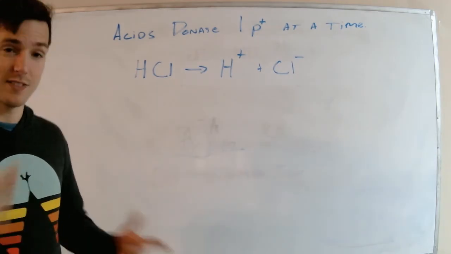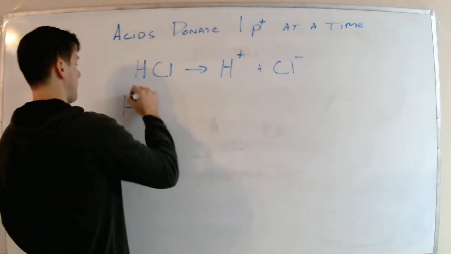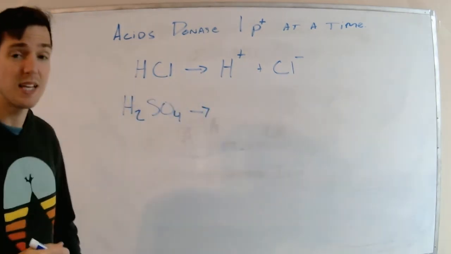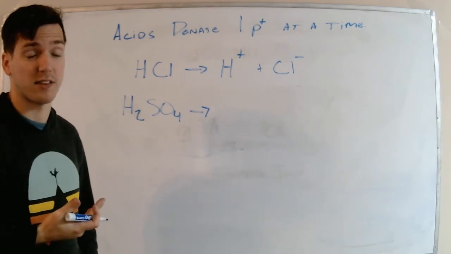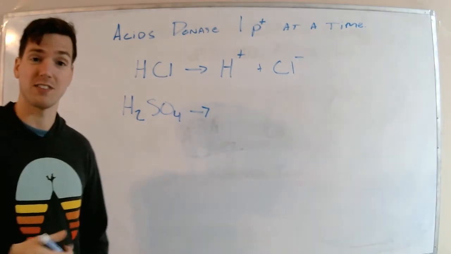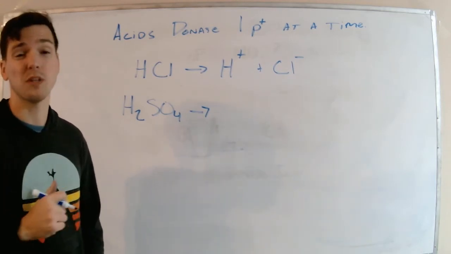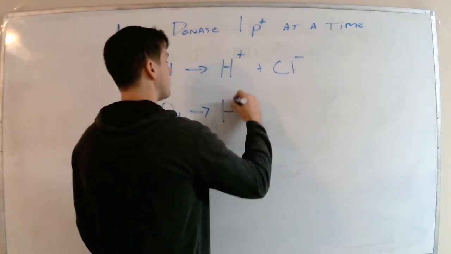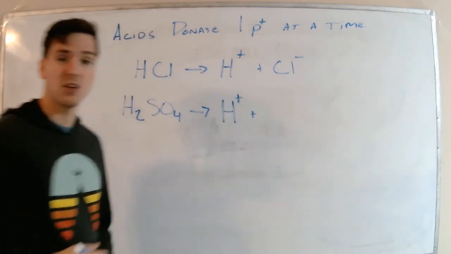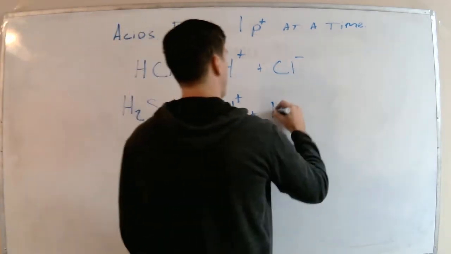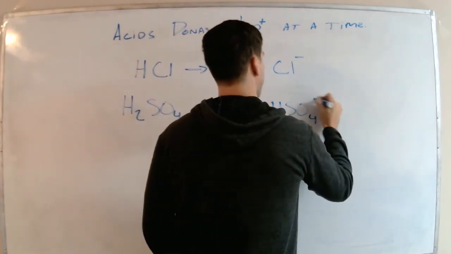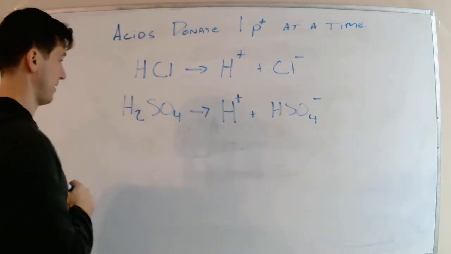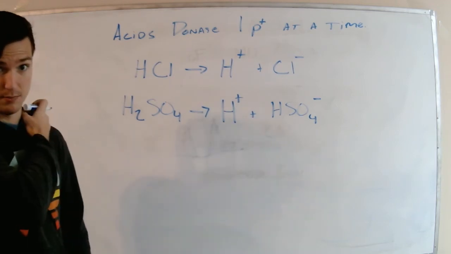Let's look at a diprotic acid though. Something like H2SO4. H2SO4 is a diprotic acid because it has two protons. It's got two hydrogens. But once again, it is only going to donate one proton at a time. So it is only going to separate from one of its hydrogens, which means that we have HSO4- as our remaining conjugate base.